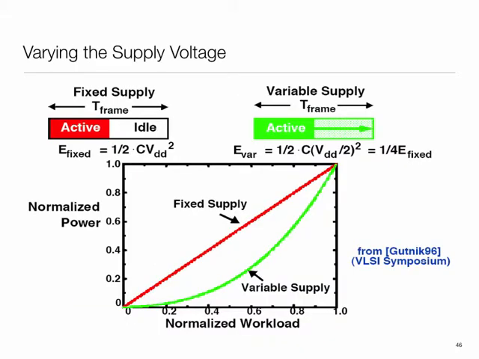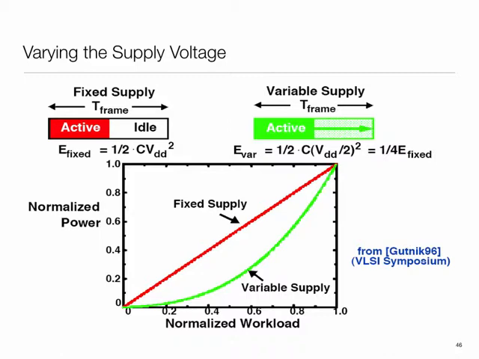Another way of looking at it is the following. Let's say I have a certain amount of time to do some task. That's the time T frame, and imagine that during that T frame, as the tasks are arriving, I have two possible choices.